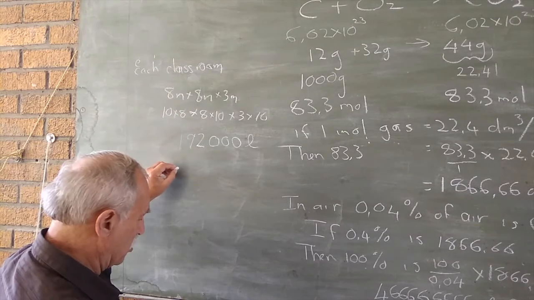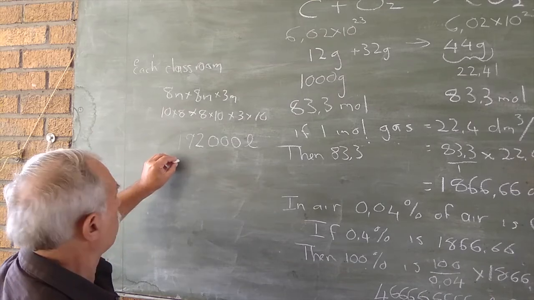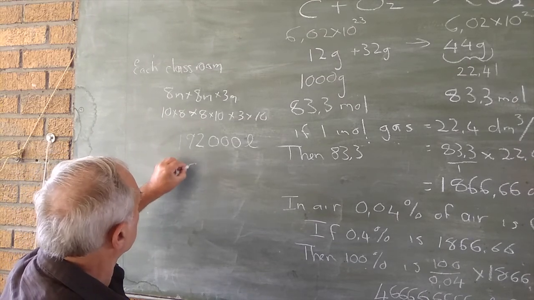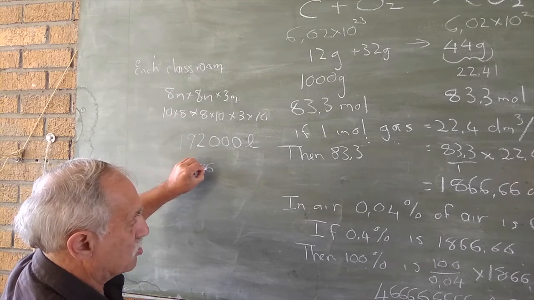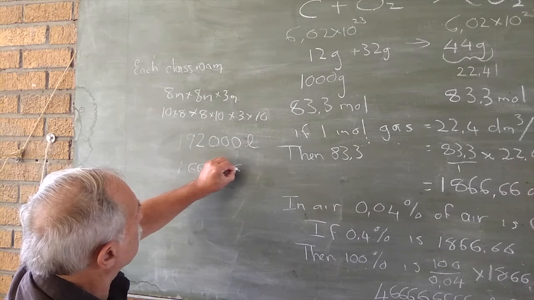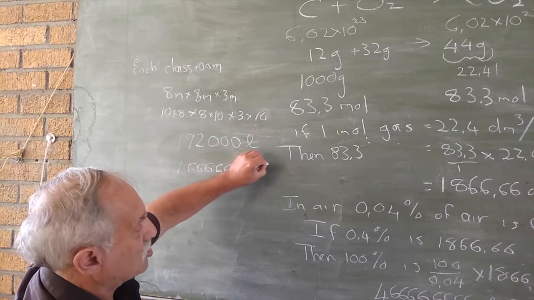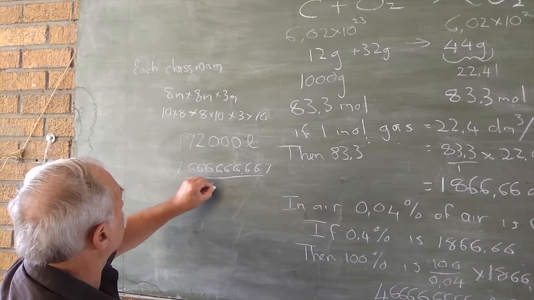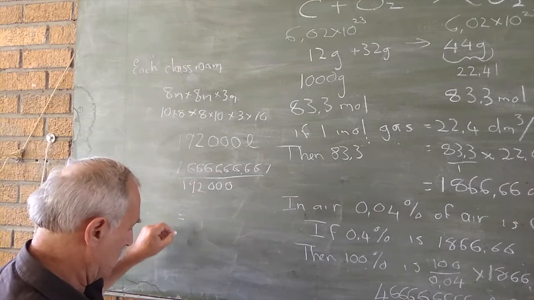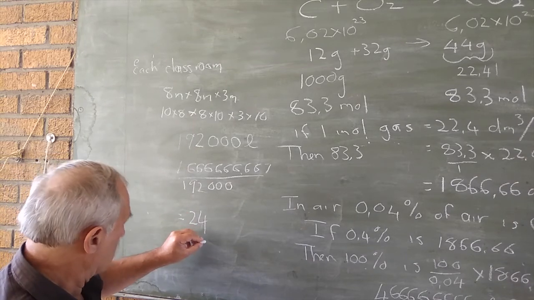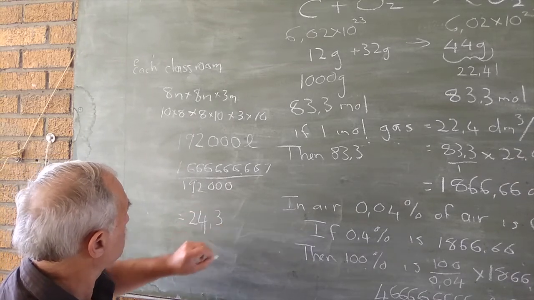So here's our calculation. 4666666 divided by 192,000 equals 24.3 classrooms full of air.